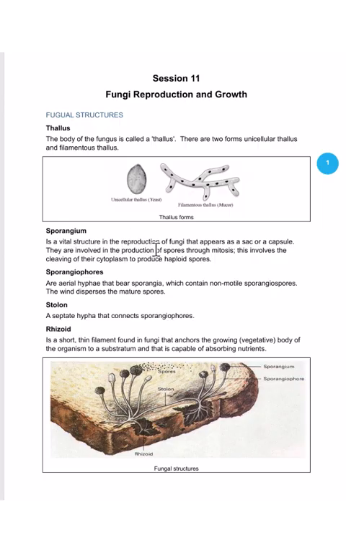The other structure is the sporangium. As you can see here in the figure, this is a piece of bread, and usually the bread is a very good medium, or what we call substratum, for the growth of fungi. And this is very evident when you leave the bread outside or you keep it in a warm and moist environment.